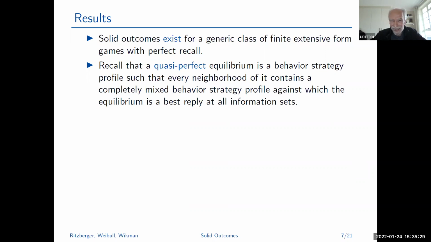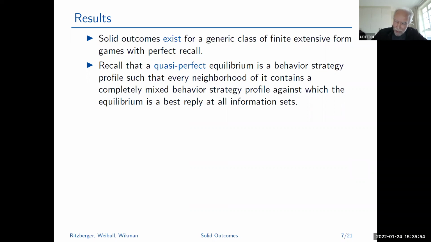Okay? Now, of course, every quasi-perfect equilibrium is a sequential equilibrium, but not the other way around, because quasi-perfect has stronger implications. For instance, the continuation strategies at the given information set are undominated, which is not in general the case for sequential equilibrium. Okay?